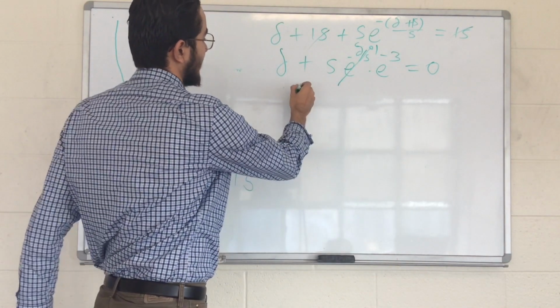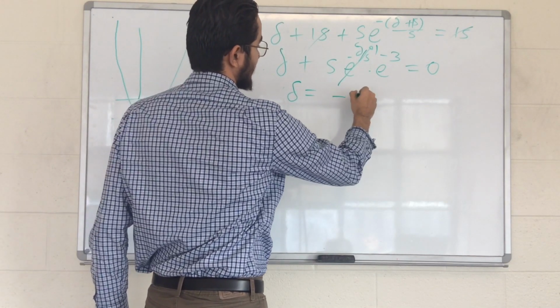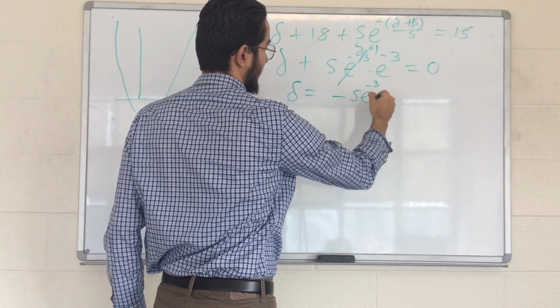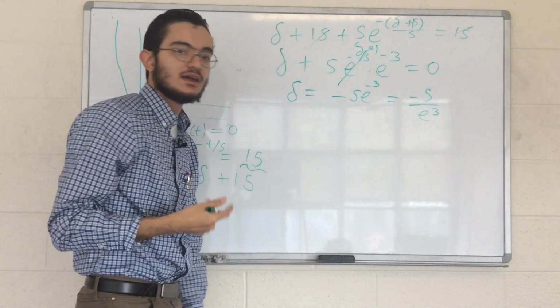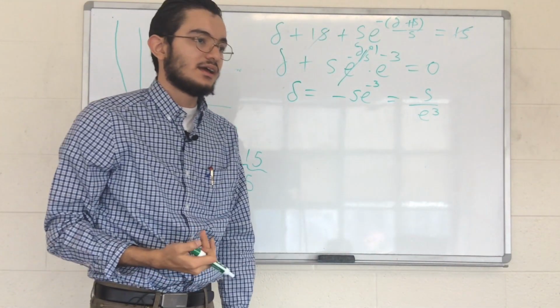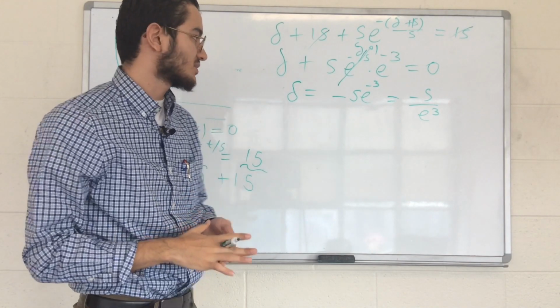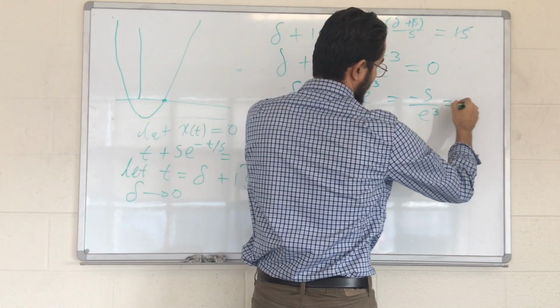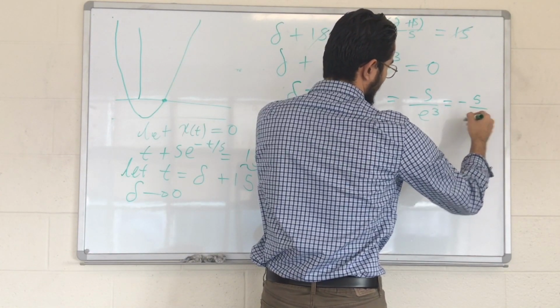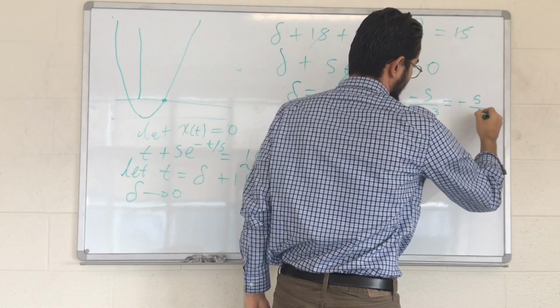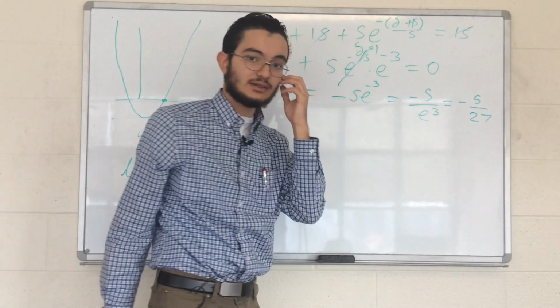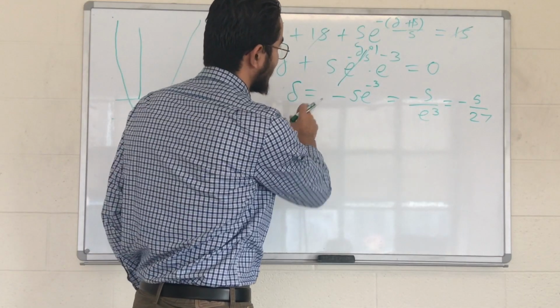And we're left with delta equal to negative 5 e to the negative 3. In other words, negative 5 over e to the third power. And if you don't want to be too rigorous, if you want to approximate this, you can say e is about 3. So you could say 3 to the 3, which is 27. So minus 5/27. We know delta already, right?